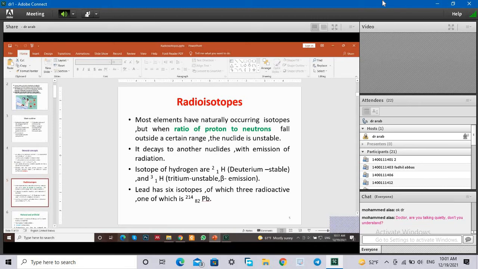It is better to say that in the environment we have different states of the nucleus. Some of them are in an unstable state, some are metastable, and others are in a stable state.